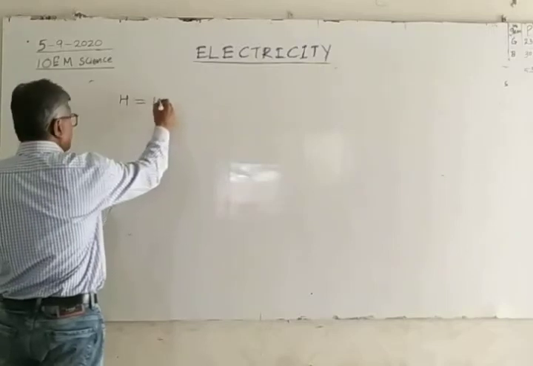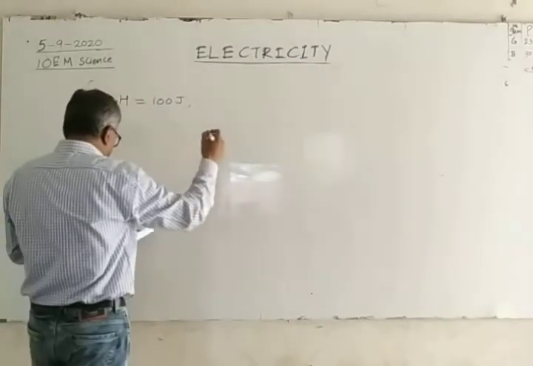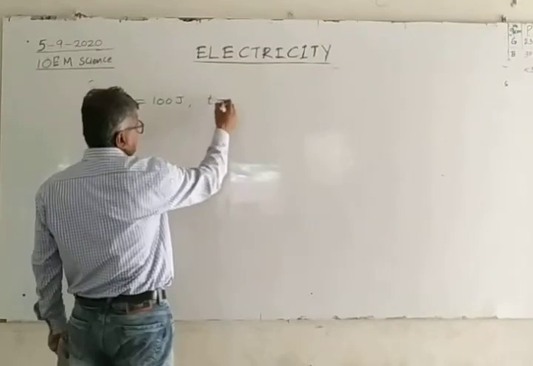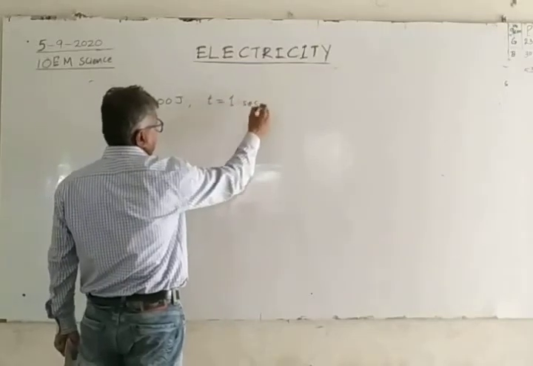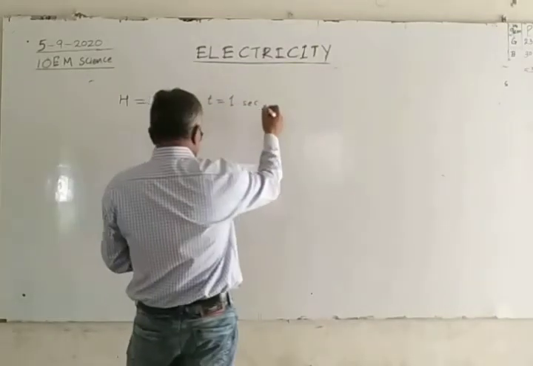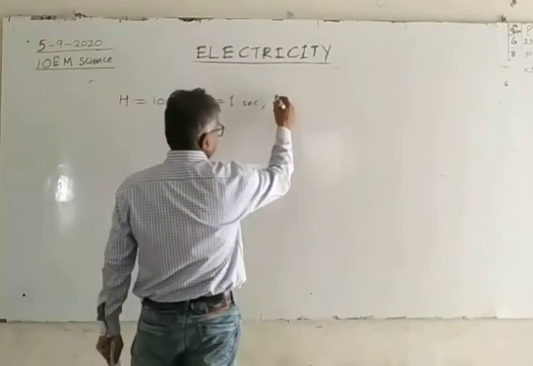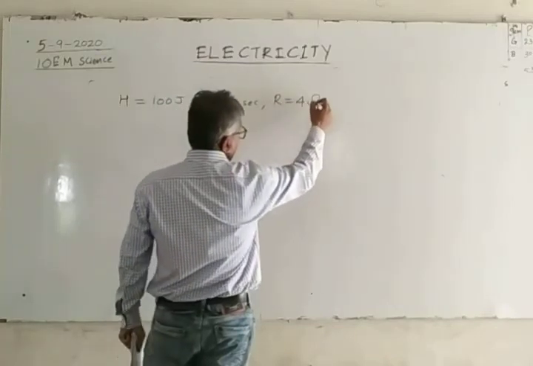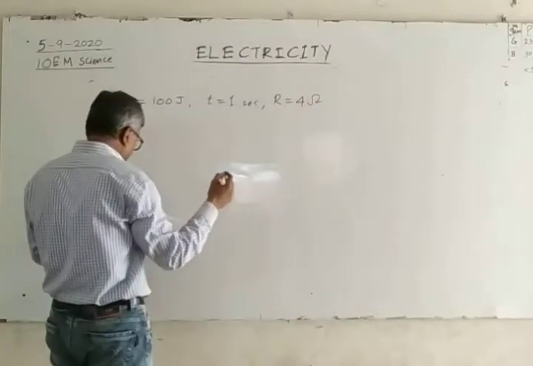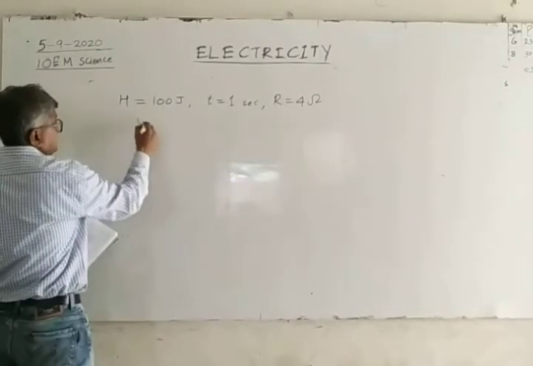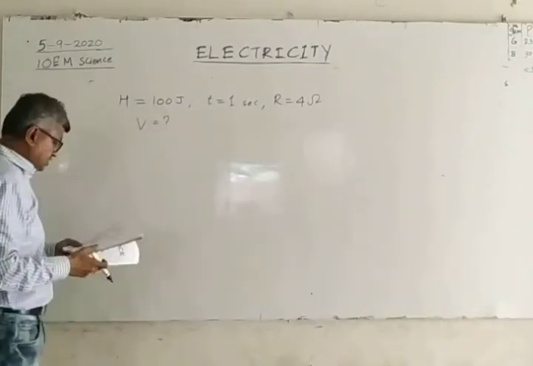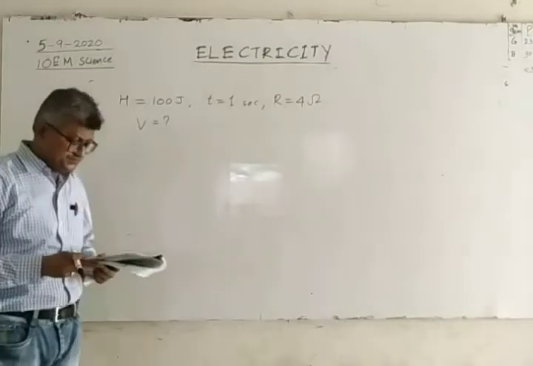Heat equal to 100 joule and time is given, 1 second. In each second means in 1 second, and they are given resistance R is equal to 4 ohm, and you have to calculate potential difference across the resistor.